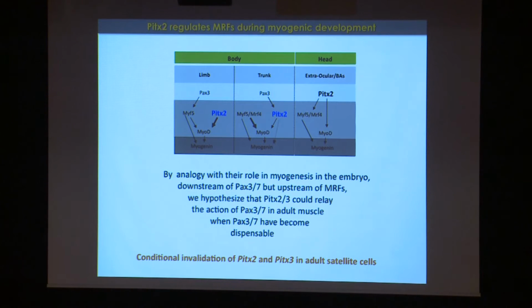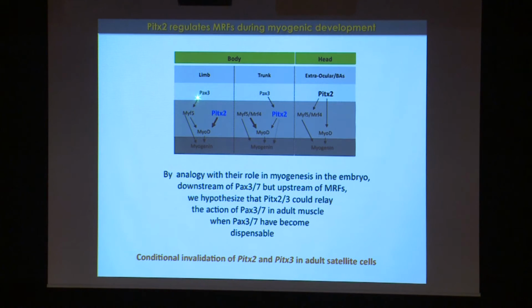And as you see, the transcriptional regulatory pathway leading to myogenesis is becoming a little more rich with more factors. We had the MRFs, and the PITX genes are of interest because they seem to occupy in this pathway an intermediate position.